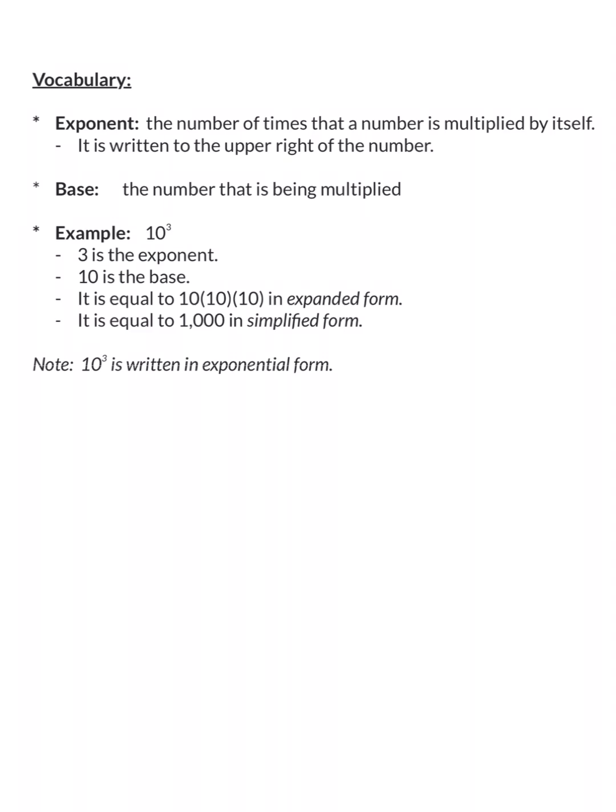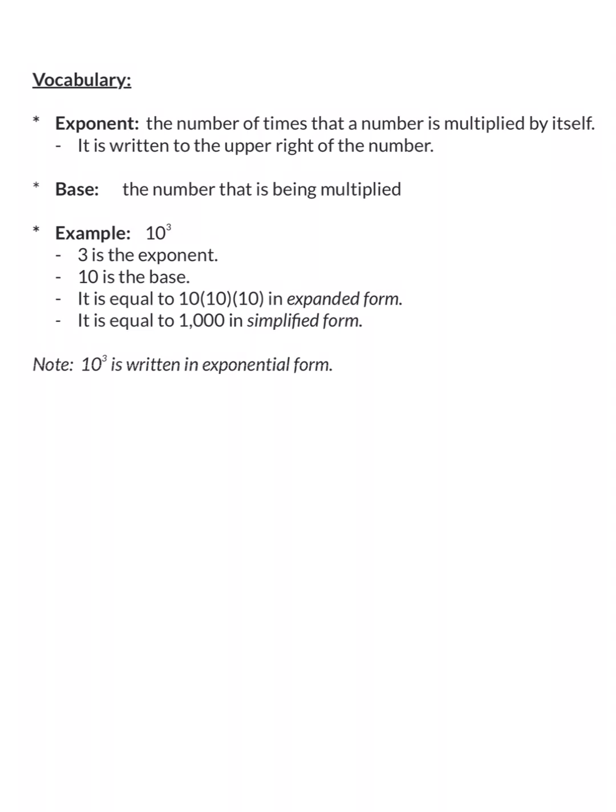So if we look at an example, we have the number 10, and then we see that little 3 up in the right-hand corner. And so 10 is our base, and 3 is our exponent. Now, we refer to this as 10 cubed or 10 to the third. What this represents is 10 times 10 times 10, or 3 tens that are being multiplied together.